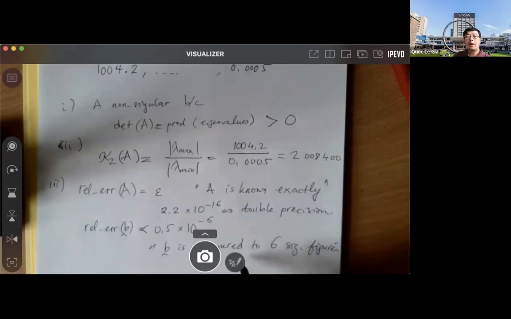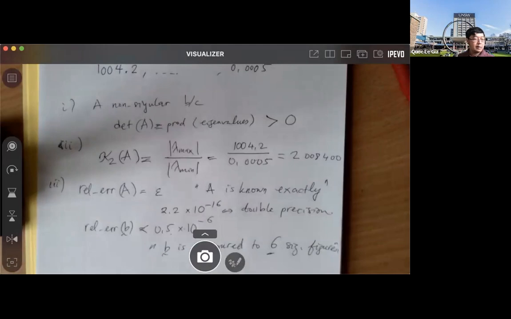Whenever B is measured to some significant figures, the relative error is less than 0.5 times 10 to the minus the number of significant figures. This is an IEEE definition. We mentioned that in chapter 2 already. So when B is measured up to 6 significant figures, the relative error of B is less than 0.5 times 10 to the minus the number of significant figures.